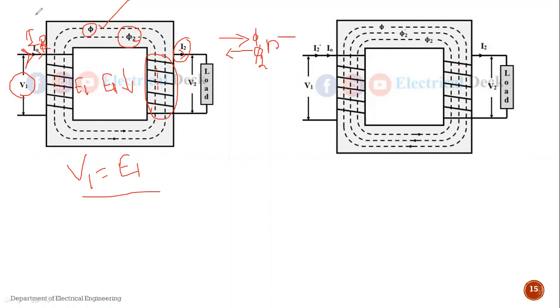This current will be represented as I2 dash, because of the secondary current which is flowing in this core. So the same current, additional, is taken from the supply. So the additional current will be required to meet this value, and it will be taken from the supply, that is I2 dash.